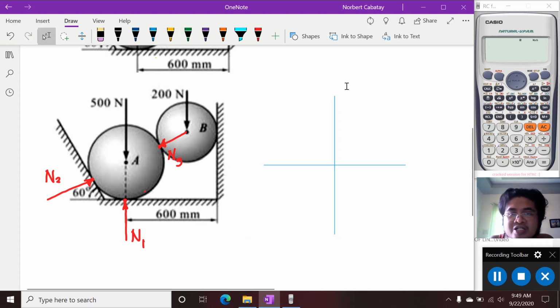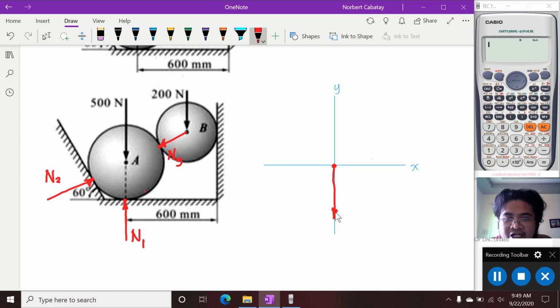So, of course, this is our y-axis and our x-axis. As we all know, itong weight na to can be translated pababa. So, you have here 500 newtons. Then, si N1 can be translated dito.